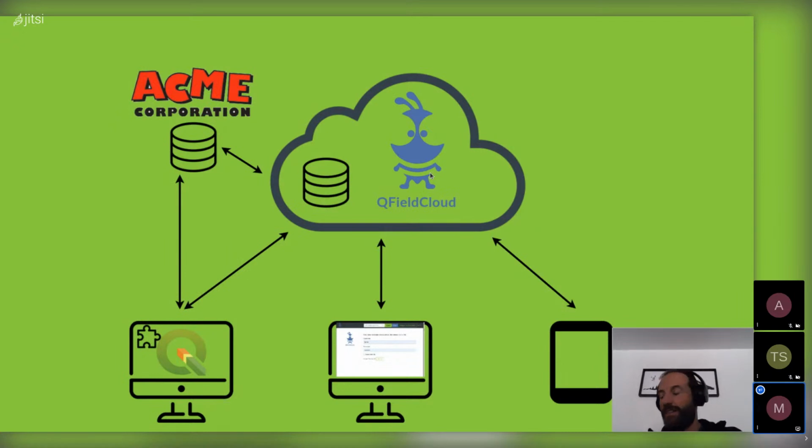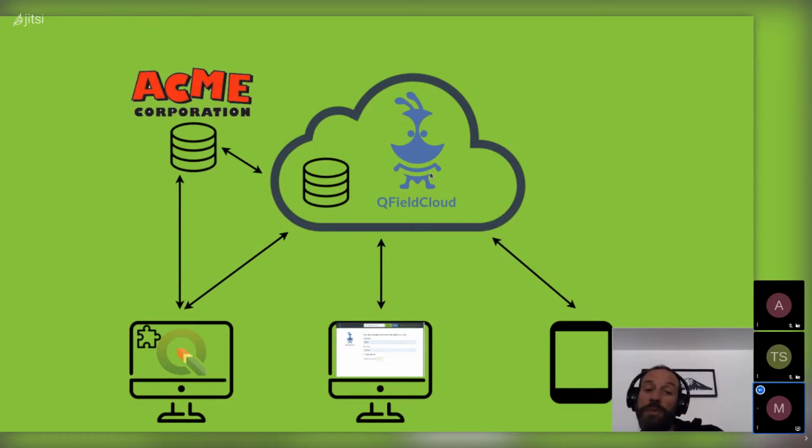So how does it work? We do have a central piece of code that is QFieldCloud, the Django application, and this one speaks to your devices, speaks to the web interface, and to QGIS itself. And in the background, it connects to your own database. So I said before, we have two ways of working. One is database based, and one is file based.